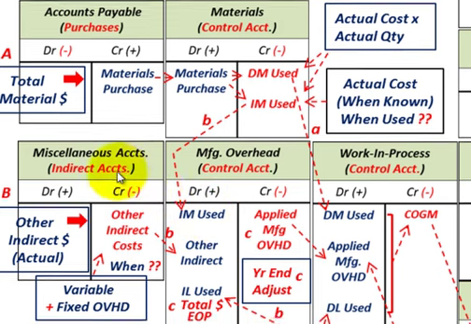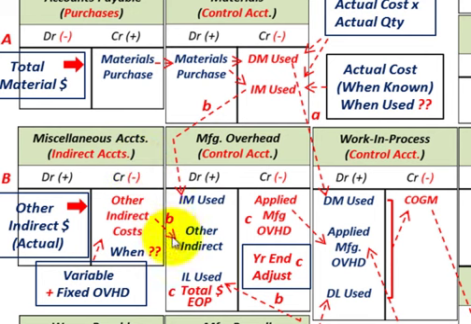Now moving down to our indirect accounts. When we mention those, it could be the variable plus the fixed overhead amounts, depreciation, what have you, support from other departments or laboratories and so forth, to support that product. But they're going to have to be allocated, and the question is when.